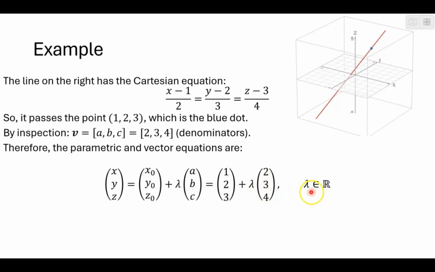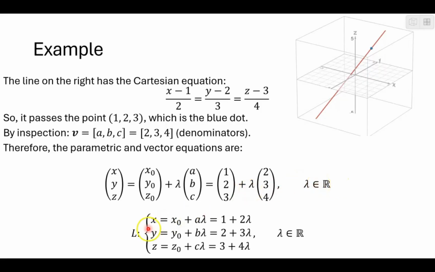You have to write lambda is a real number at the end of this vector equation to indicate it's a scalar parameter. If you don't write this, you may lose a mark. And also the parametric equation, you can write it as well. It's very easy. Basically, you just list out each component of the vector equation separately. So 1 plus 2 lambda, 2 plus 3 lambda, and 3 plus 4 lambda.